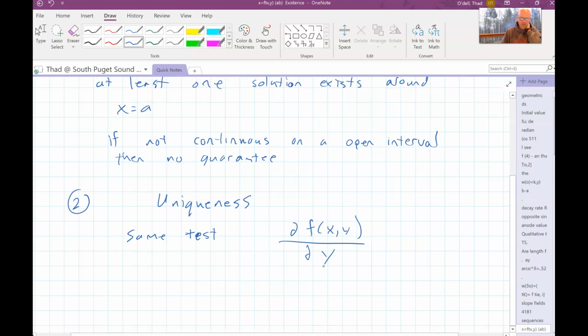A partial derivative just says that we take the derivative with respect to y, so we're only considering y to be a variable. Any other variable in the expression is considered a constant.